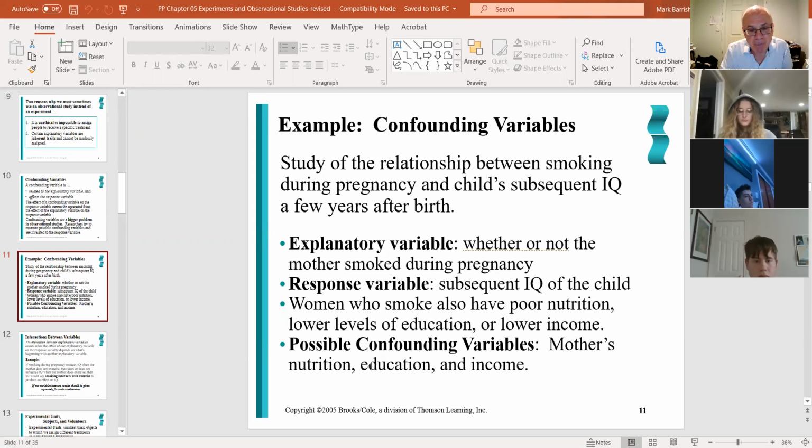I'm just making this up, but a mother who smokes might also eat more poorly, or have a lower income, whatever. Don't make anything of this. Just know that there could be other reasons why a child's IQ is lower. It may not necessarily be because of the smoking. So that's the problem with observational studies: confounding variables could be causing the changes in the response variable, and not the explanatory variable.